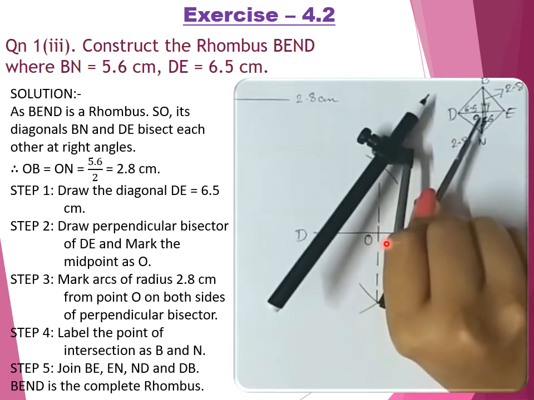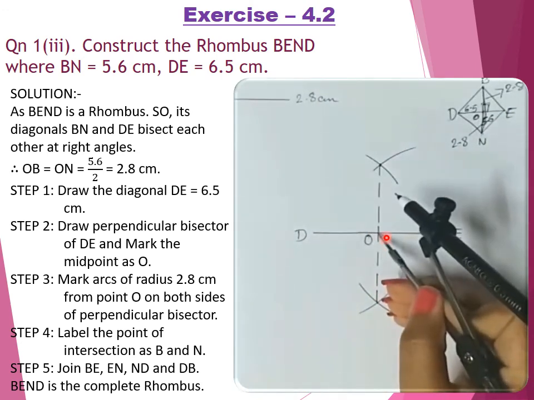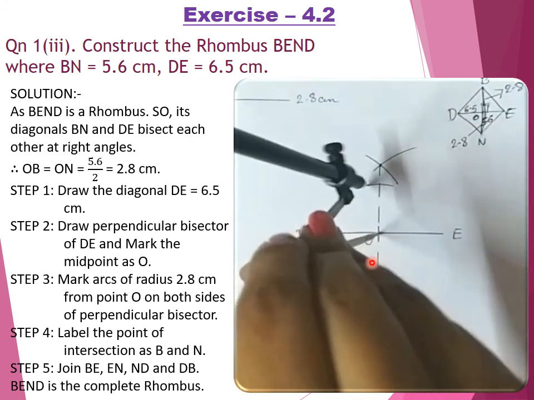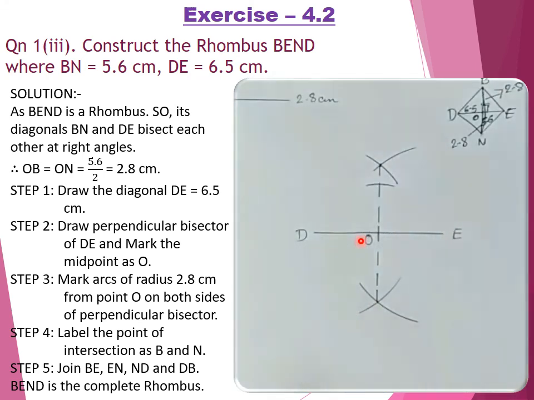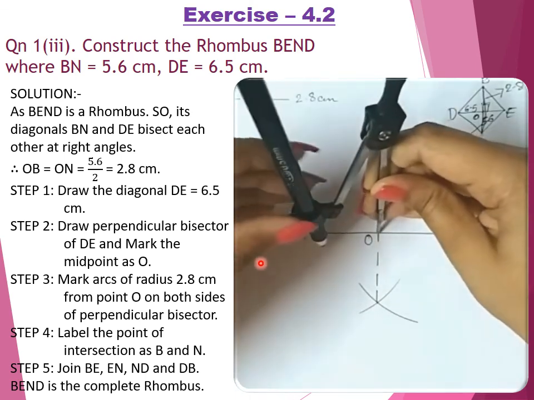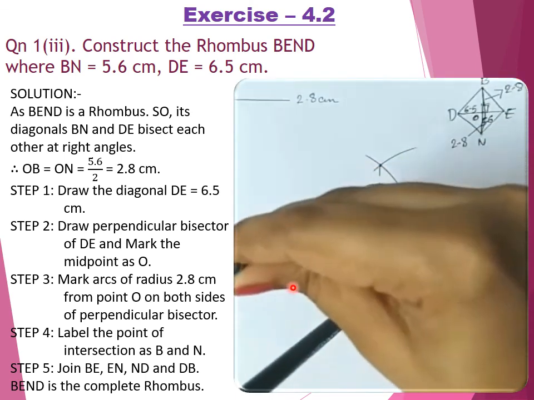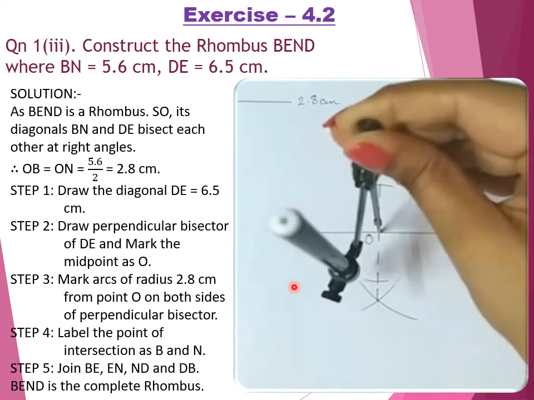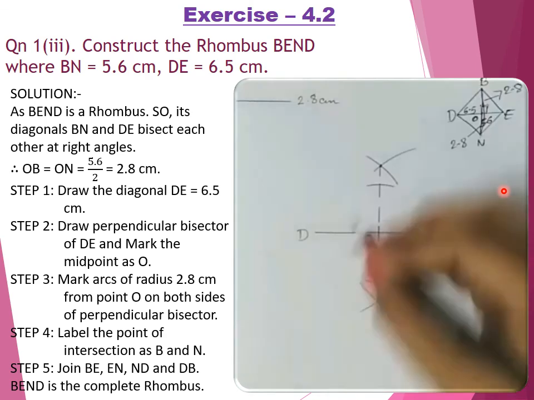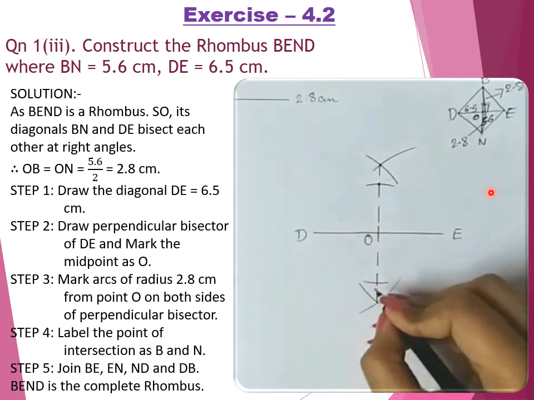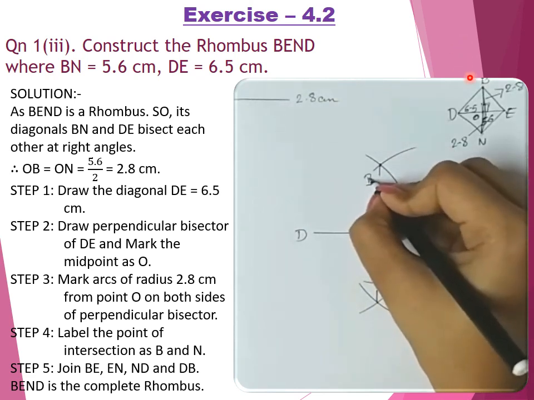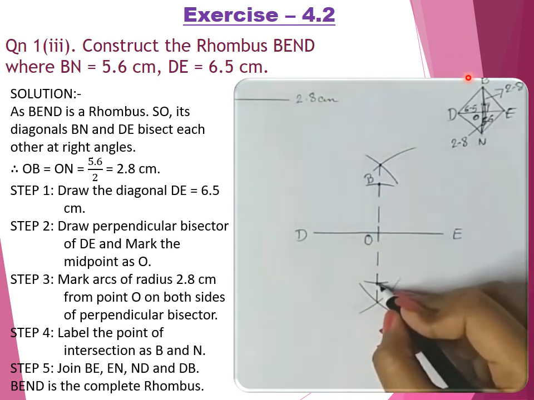So right from point O, we will mark 2.8 centimeter. We'll do the same in the other direction as well. Now we will mark these 2 points as point B and point N.